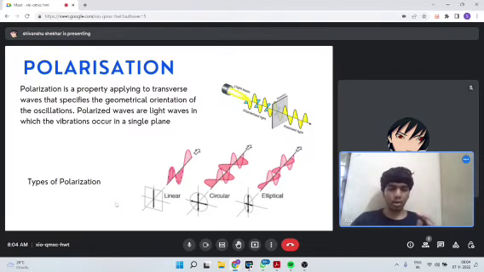Similarly, if you want a circular polarization, we have circular polarizers wherein only two directions are allowed, which are perpendicular to each other and have the same amplitude, thus giving a circular output. And elliptical is all the cases other than this. So let's study this in further detail.